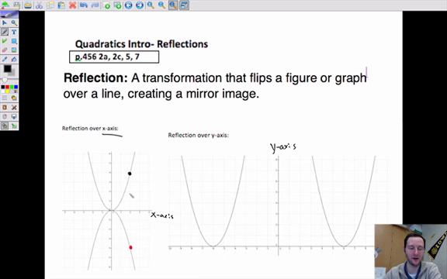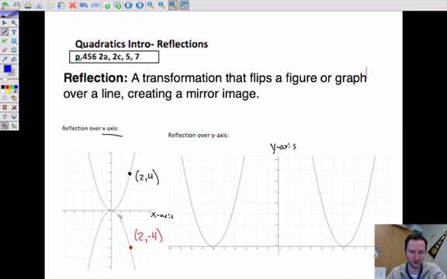Okay, so if we compare the coordinates here, (2, 4) and (2, -4), you'll notice that only one thing has changed, and that's the y coordinate. The x stayed the same and the y changed.